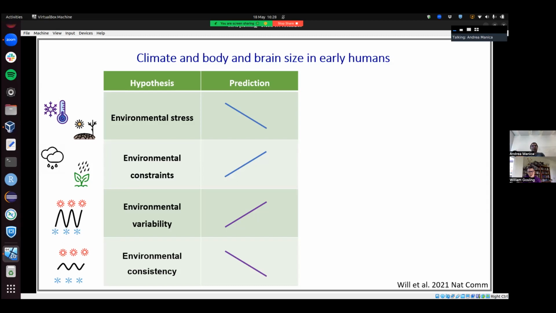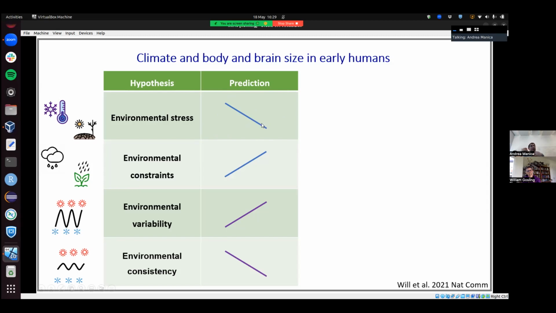So the first one was an idea of environmental stress, where effectively the size of the body or brain was used to buffer against this environmental stress. If you think about the variable being, for example, temperature, what we're saying is that you would be large when it's cold and smaller when it's warmer.